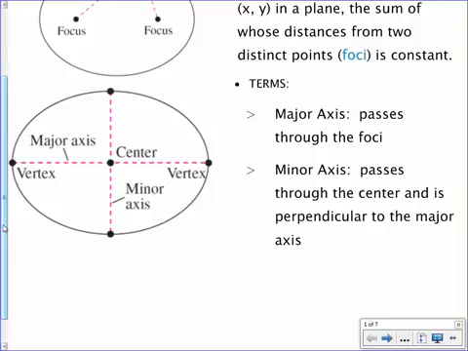So if you want to label anything on your yellow ellipse, the point in between your two holes would be the center. The points on that line that lie on your ellipse, those would be your vertex points. And then you could draw a line through your center perpendicular for your minor axis if you want to.